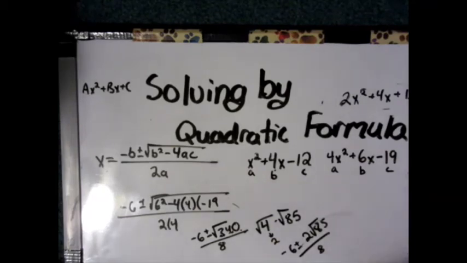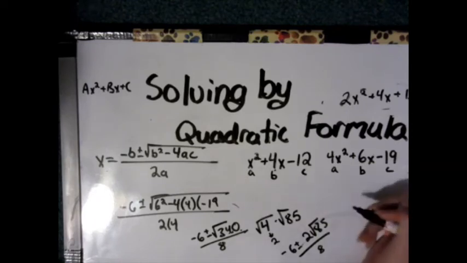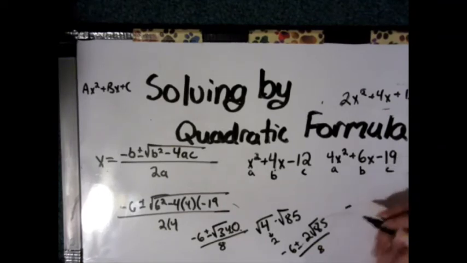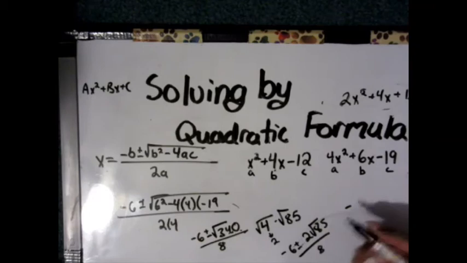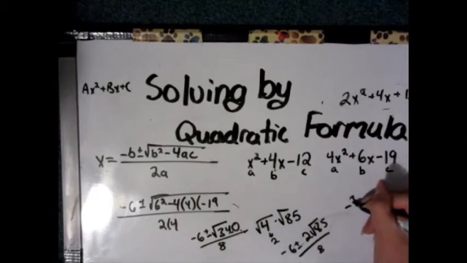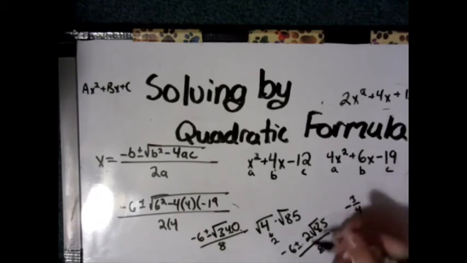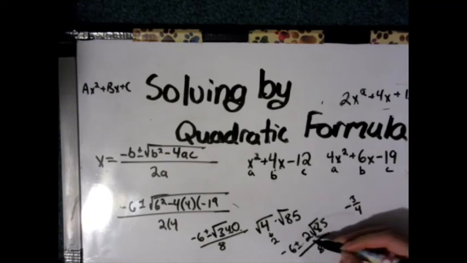Alright. And you can stop here, or you could go into making these fractions and simplifying it even further. In that case, it would be negative, and then these both divide by 2. So 3/4, and we can divide this by 2.